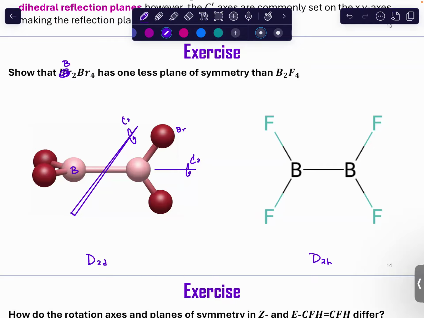So even though this diboron tetrafluoride is not on Otterbein, you can still look up a D2H and get the idea. There is one on there that's very, very similar. That's the D2H they have on there. So you can see how the symmetry elements will be the same.